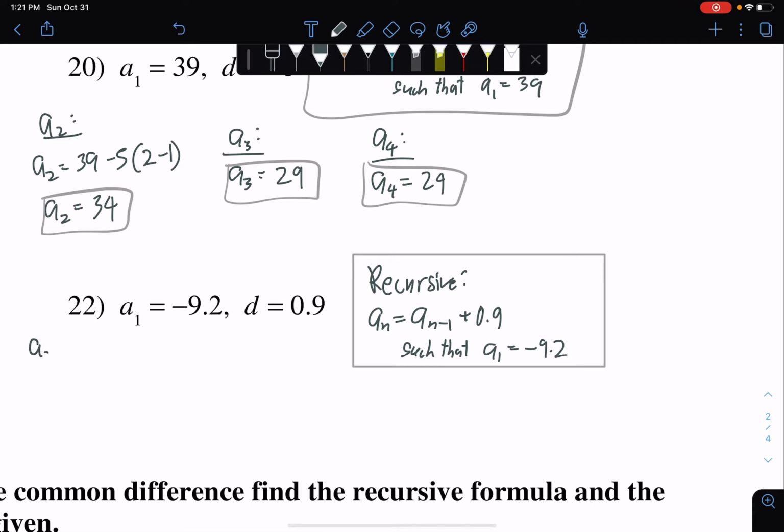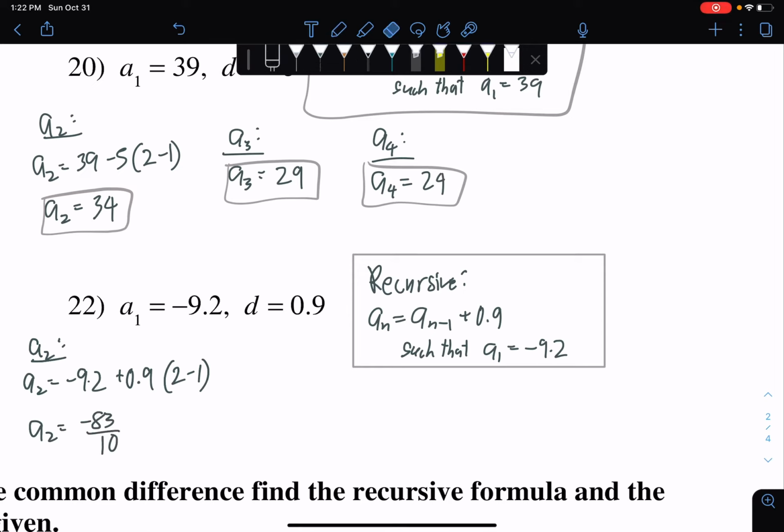A sub 2 is equal to negative 9.2 plus 0.9 times the quantity 2 minus 1. Negative 9.2 plus 0.9 times 1. Our answer would be negative 83 over 10. Or, in easier terms, negative 8.3.